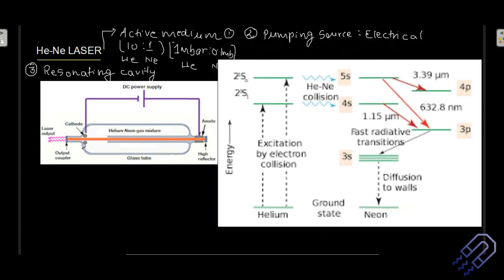So let's have a look at how exactly the working of a helium neon laser is. What happens is you are applying some electrical energy and the helium atom gets excited. Maybe it will go to this energy level. Now helium is in the excited state and the neon atoms may be in the ground state. Now let's take an example.